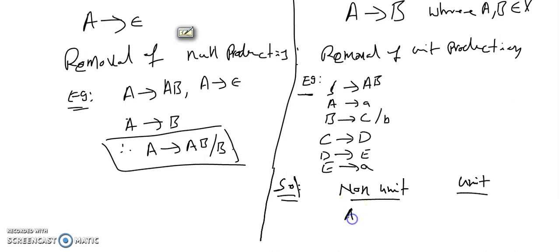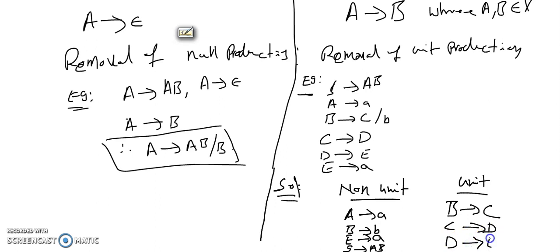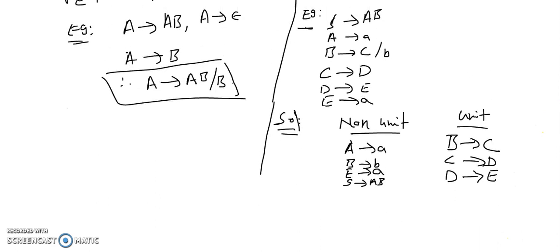Non-unit productions are capital A tends to small a, capital B tends to small b, capital E tends to small a, and capital S tends to AB. The unit productions are B tends to capital C, C tends to capital D, D tends to capital E. So these are the unit and non-unit productions.